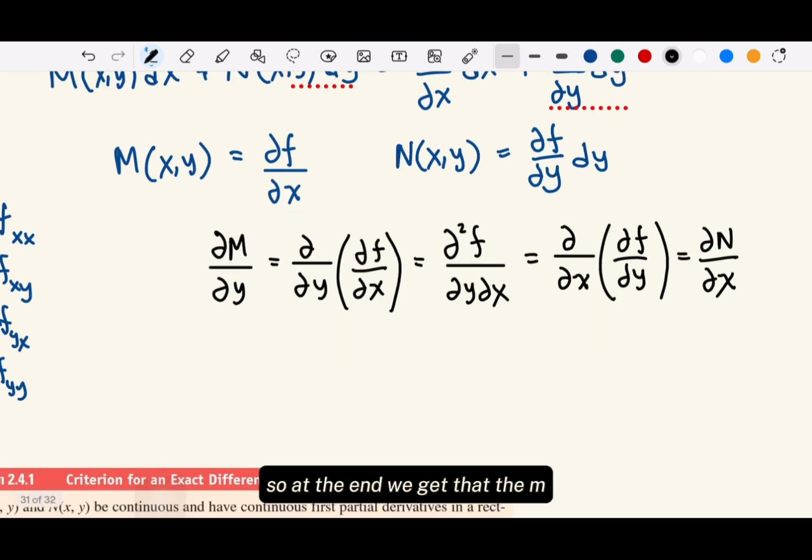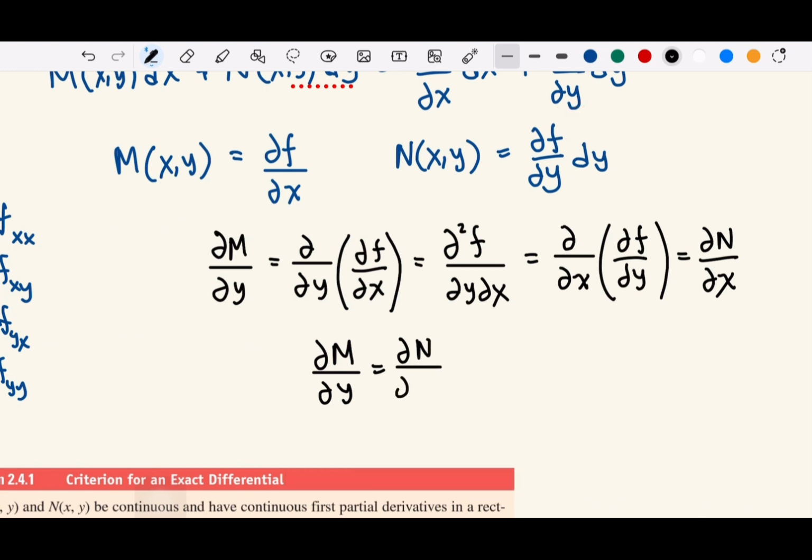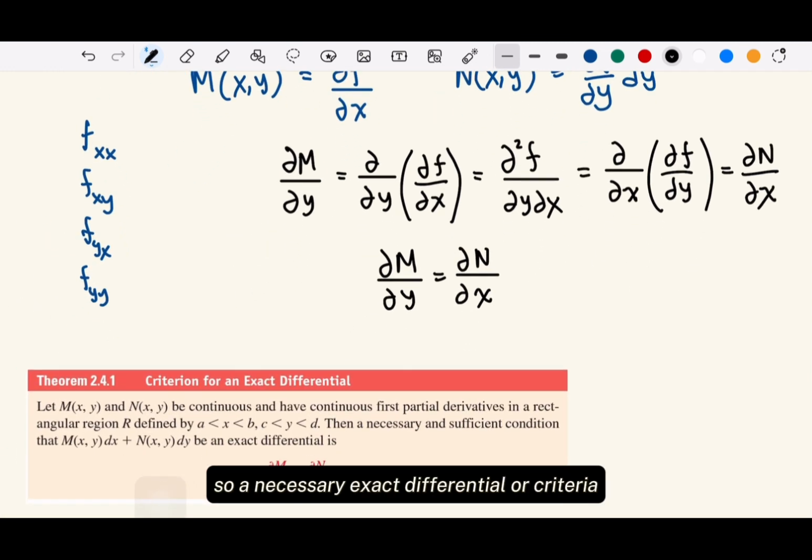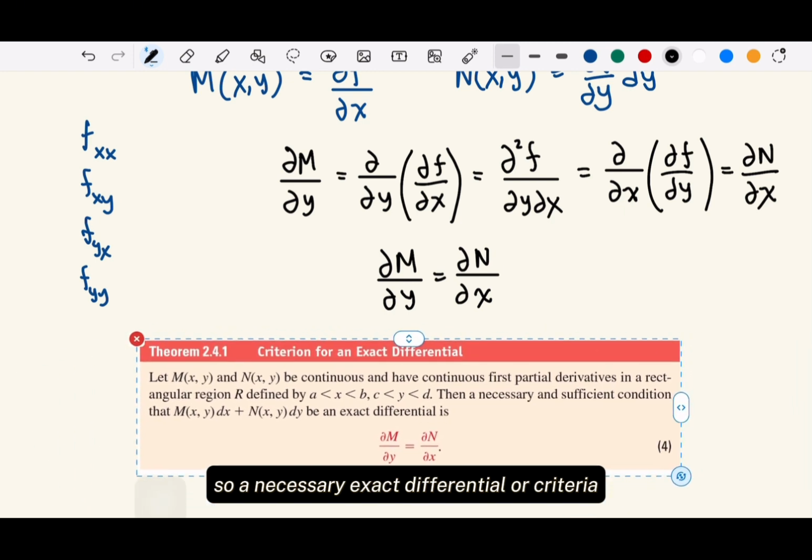So at the end we get that ∂M/∂y is equal to ∂N/∂x. So this is a necessary criterion for an exact differential.